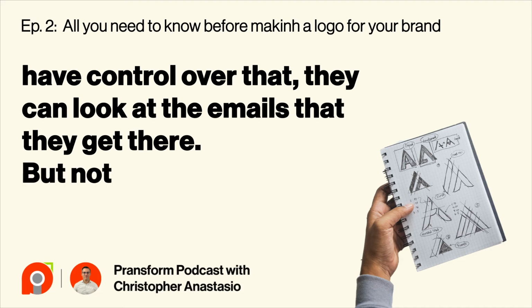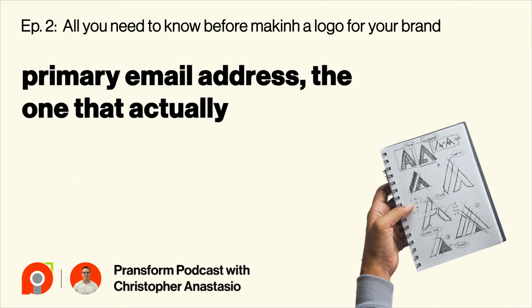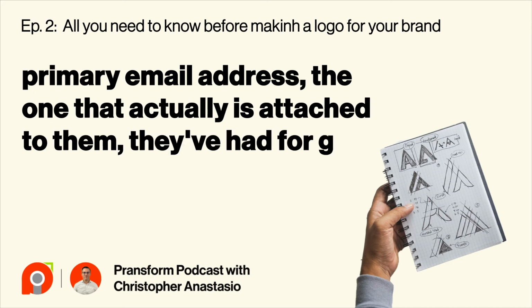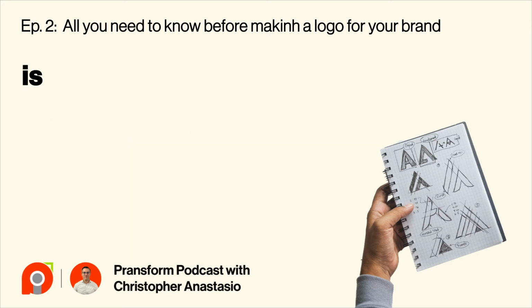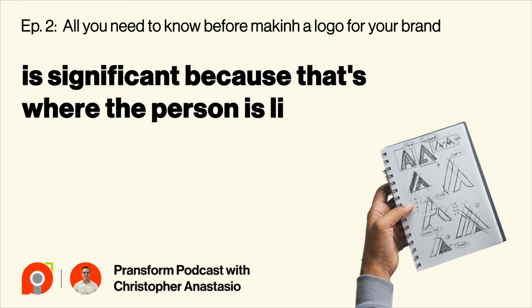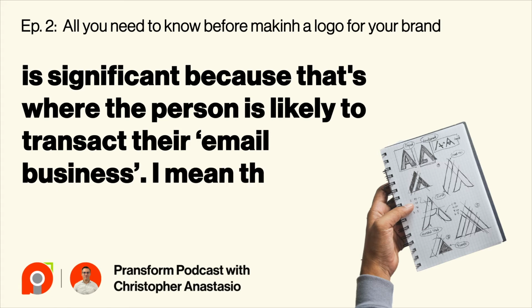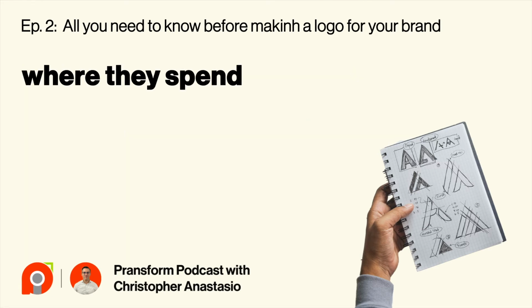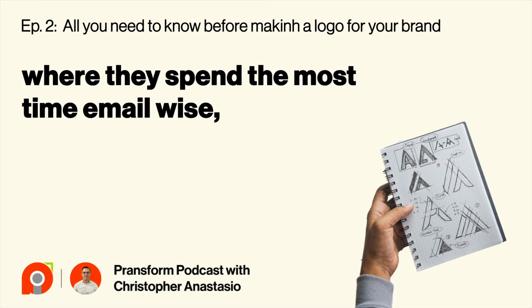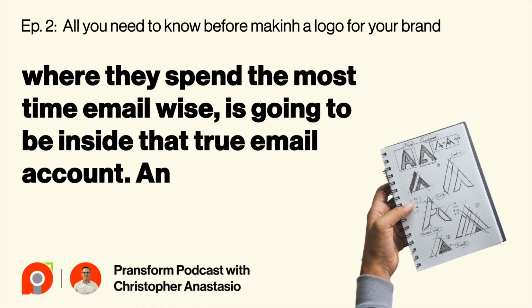But not having the person's primary email address, the one that actually is attached to them, that they've had for God knows how long, that is significant, because that's where the person is likely to transact their email business, quote unquote. I mean, that's where they spend the most time email-wise, is going to be inside that true email account.